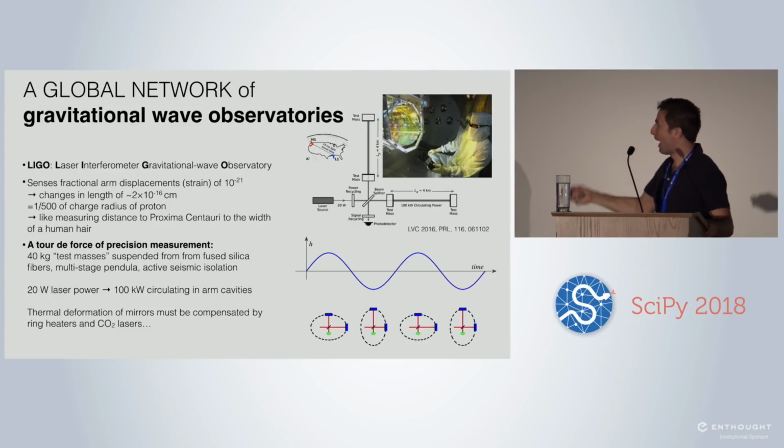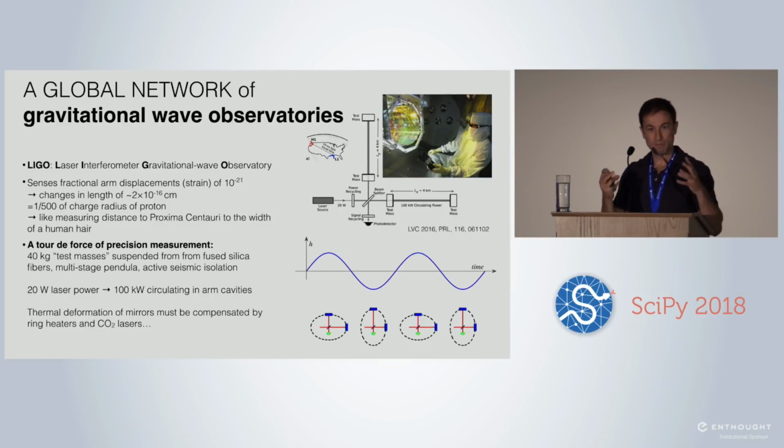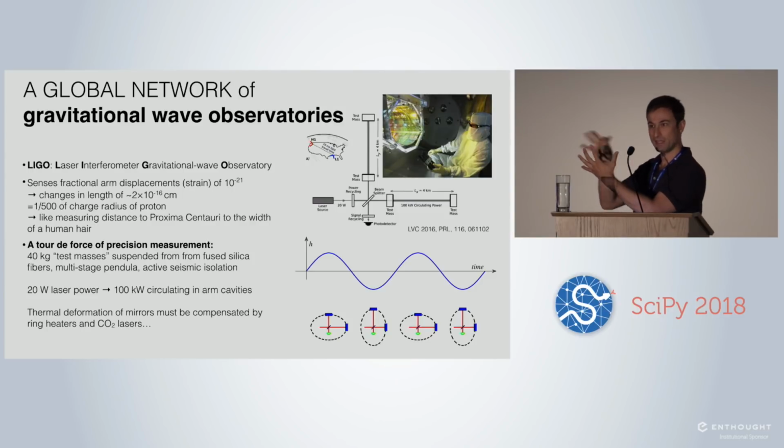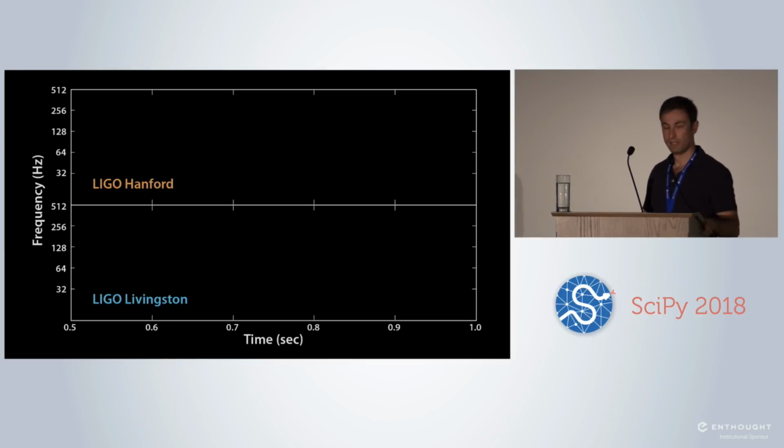With all the power that's being dumped on these mirrors, they deform thermally, and so to keep them in just the right shape, we have to actually heat them from behind with a completely different laser system to cancel that thermal deformation out. And the end result is that we actually have some sensitivity to gravitational waves.